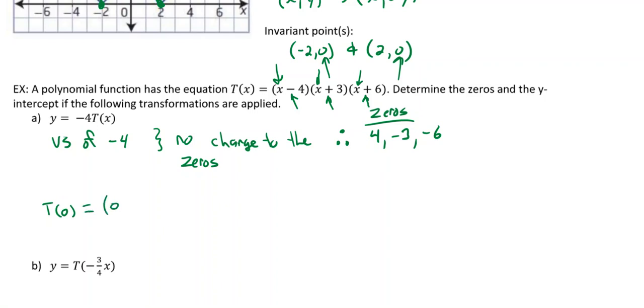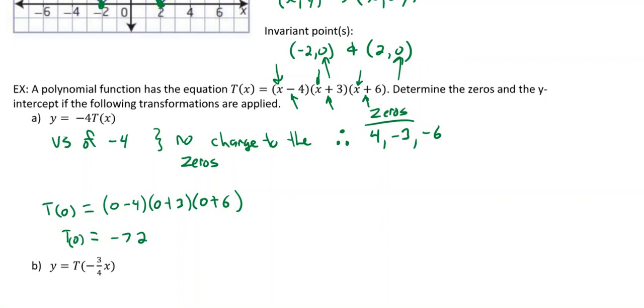So 0 minus 4 times 0 plus 3 times 0 plus 6. So t of 0 is equal to -72. Okay, so what was -72?